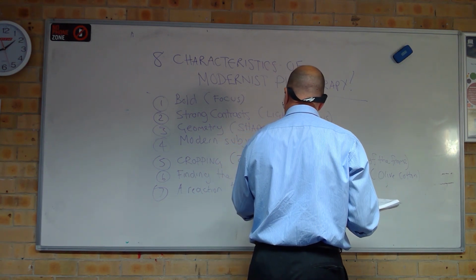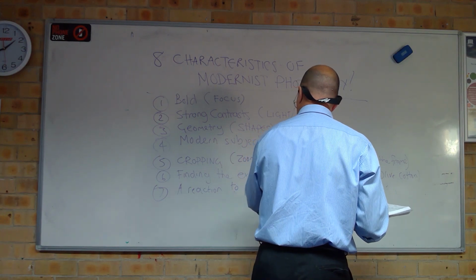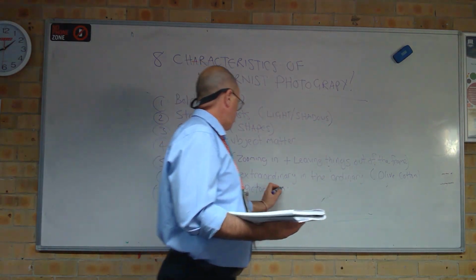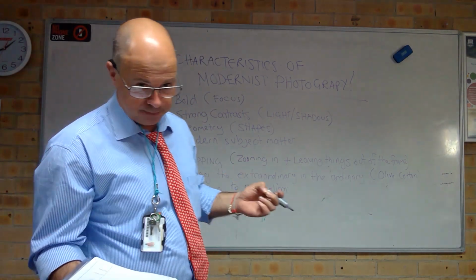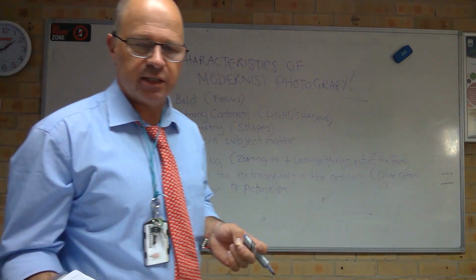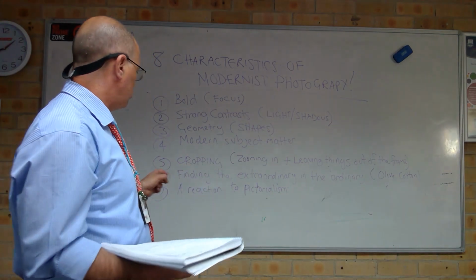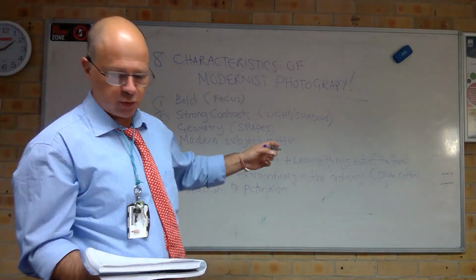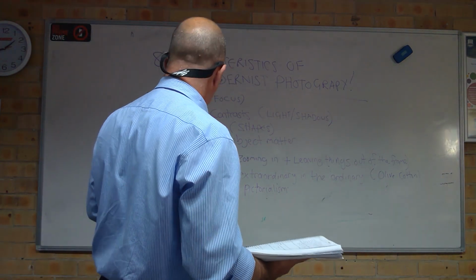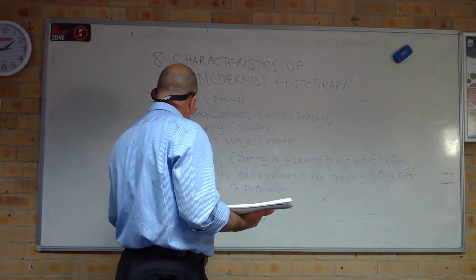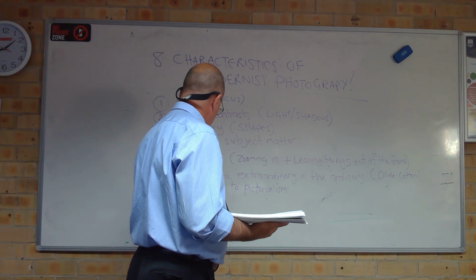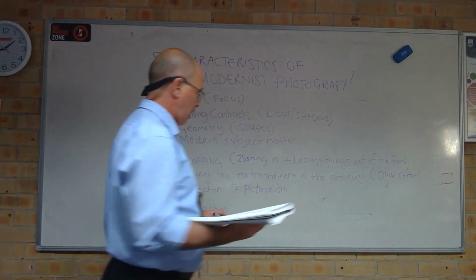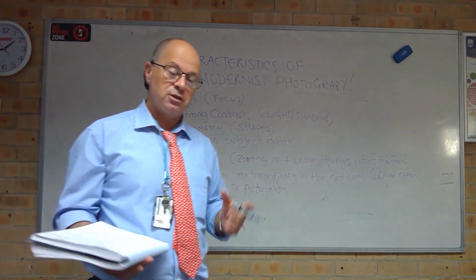Now for that sentence, you might want to talk about in what way was it a reaction to Pictorialism. Talk about the subject matter and how the subject matter is treated in both of those movements, modernism and Pictorialism. And then 8, I talked about abstraction, and how images become abstract because of the way they are photographed.